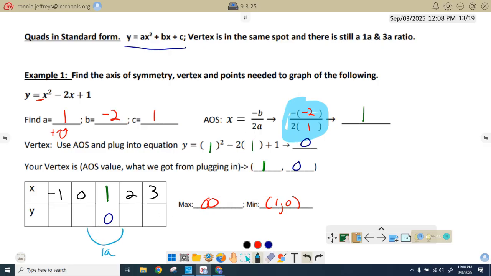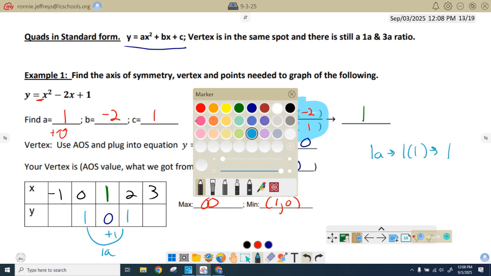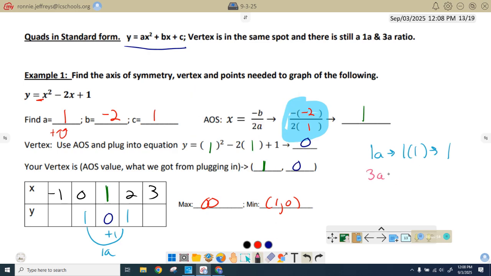Remember, this is 1a. Well, that's 1 times 1, which is 1. So add 1. 3a, 3 times 1, which is 3. So 4 and 4. And that's it.